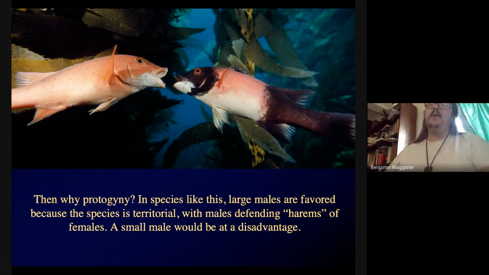As we will see, I don't think we're going to get to it until Wednesday, but there are all kinds of variations that you can play on this game, and cases where you have not simply one type of male, but two or more that use very different strategies to try to fertilize the female's eggs. But we'll get to that.